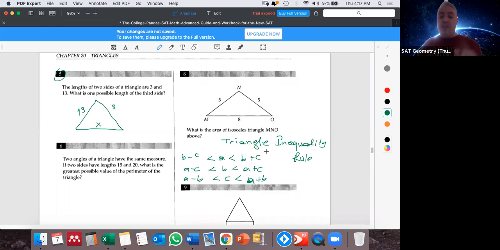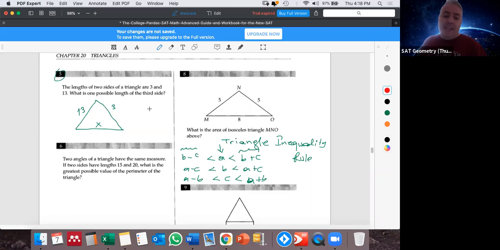Memorize it like this. Any side, which is A, for example, is always smaller than the sum of the other two sides and greater than the difference of the other two sides. That's it. This is the rule. Any side is always less than the sum of the other two and greater than the difference of the other two.